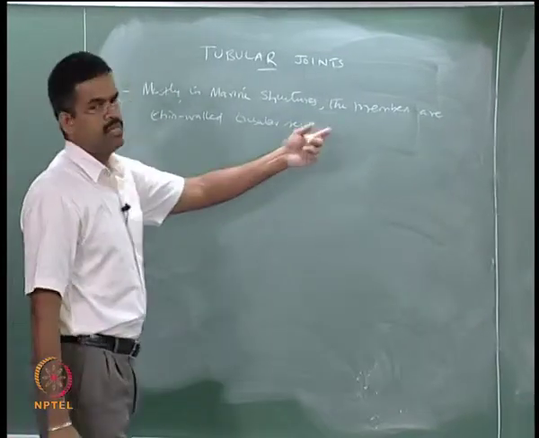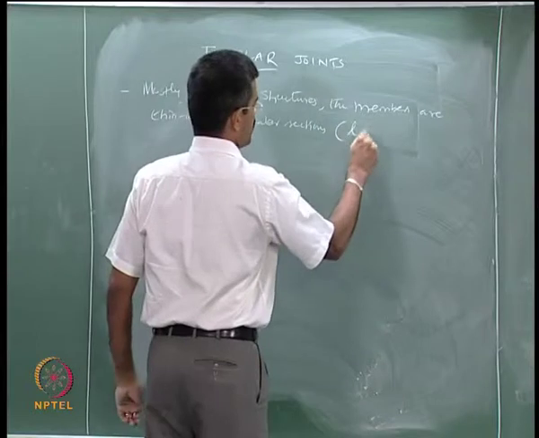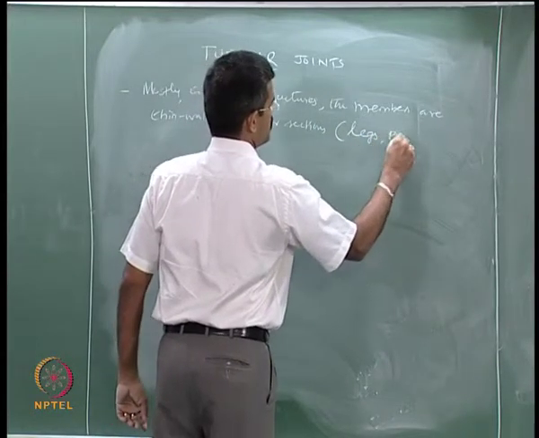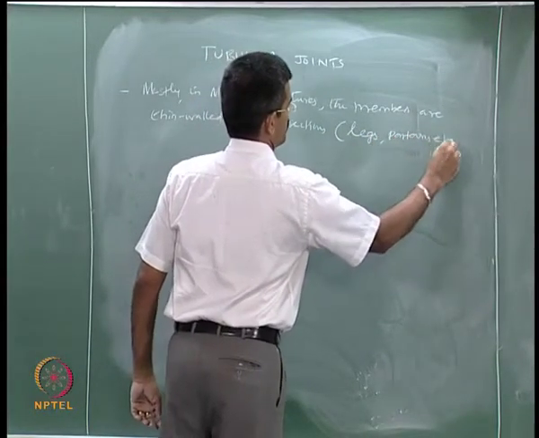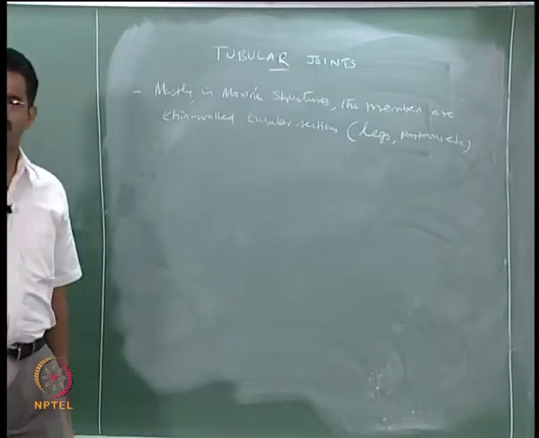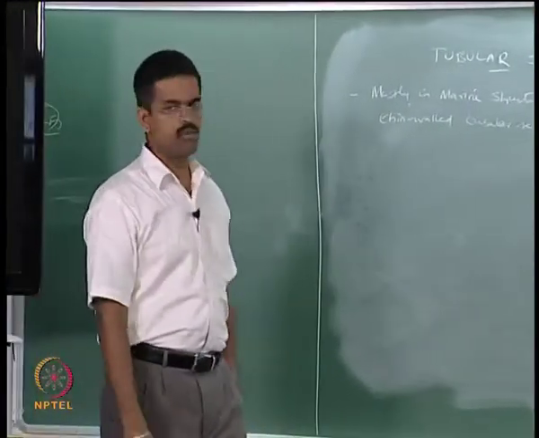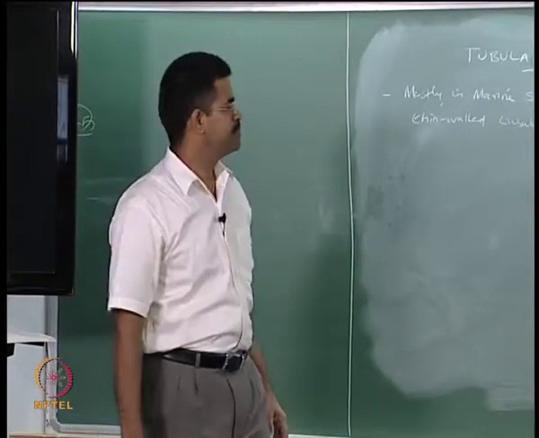The moment I say members, I am talking about only the geometric members of the legs, pontoons, etc. Okay, not the deck. Deck cannot be a tubular member, deck has got to be a plate.